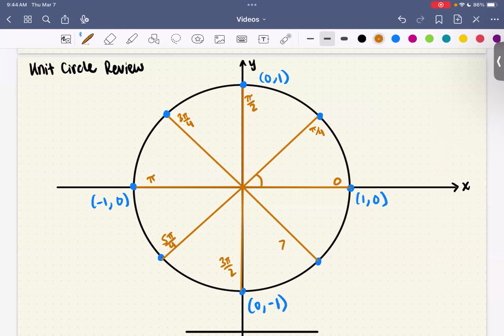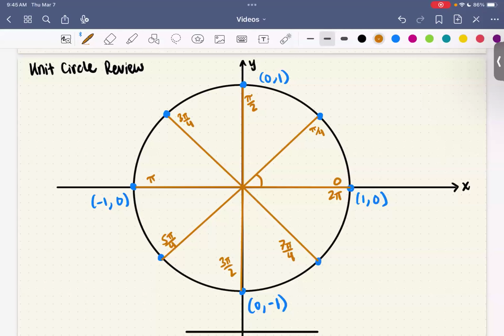Then this was 6/4, 7/4, and 8/4 is 2. So up here I'm at 2 pi. All right, that's part of the unit circle. That's how I think about the angles.